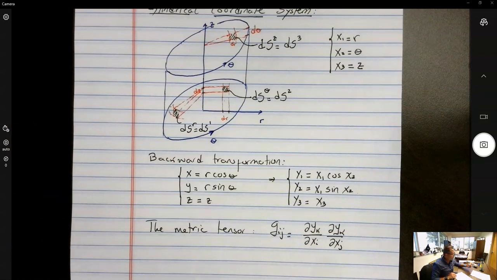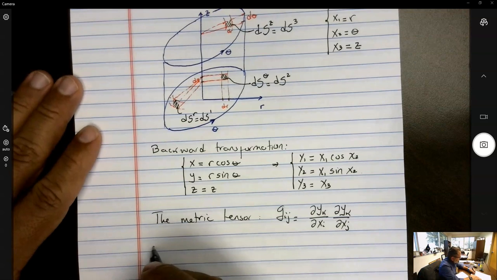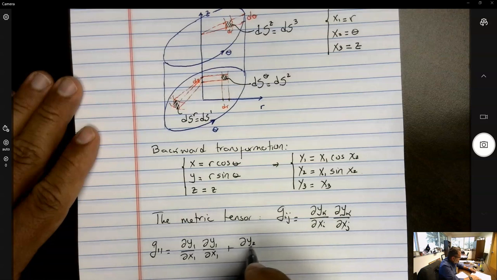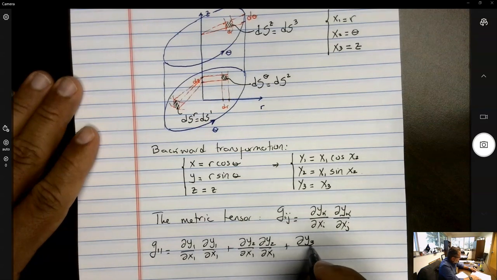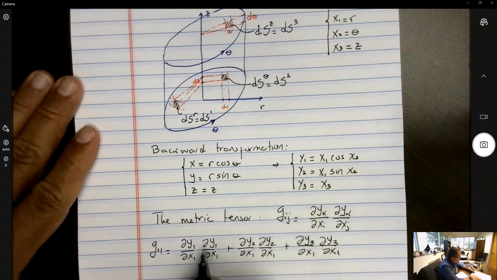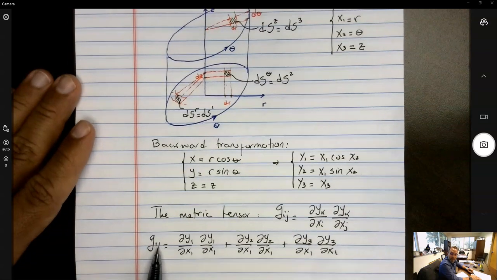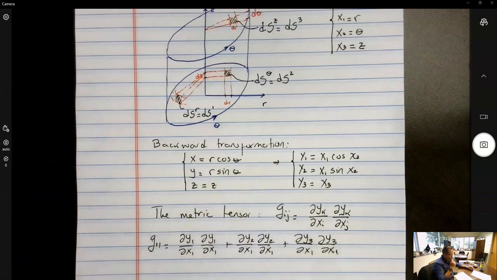So essentially G11, for instance, would be dy1 dx1 dy1 dx1 plus dy2 dx1 dy2 dx1 plus dy3 dx1 dy3 dx1. So summation over k implied over 3 dimensions, and differentiating with respect to x1 and x1 for the metric tensor element 1, 1. All right.